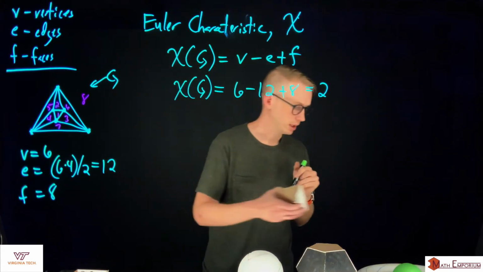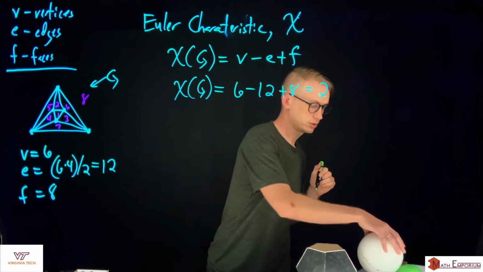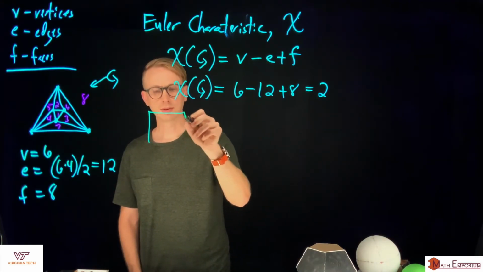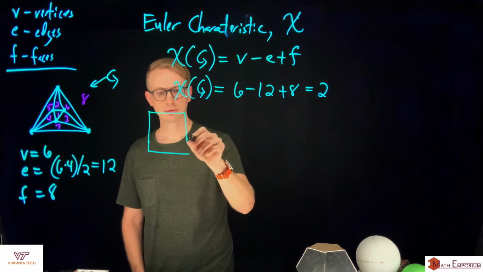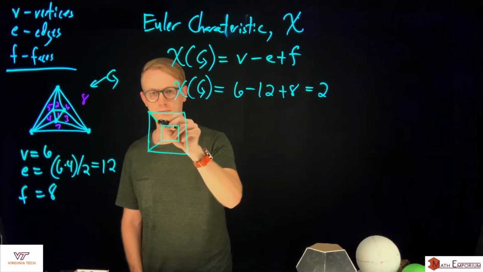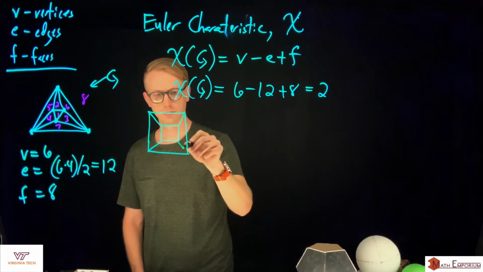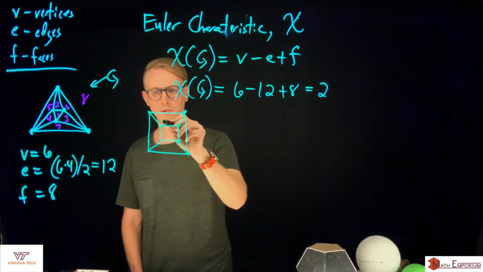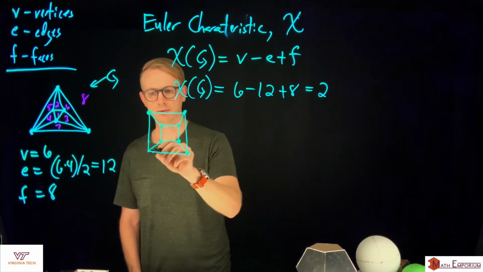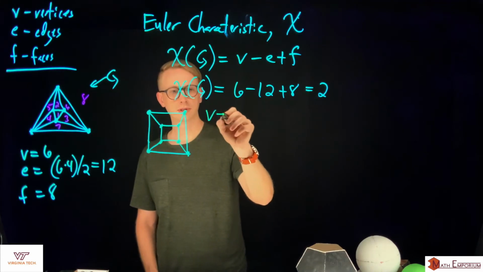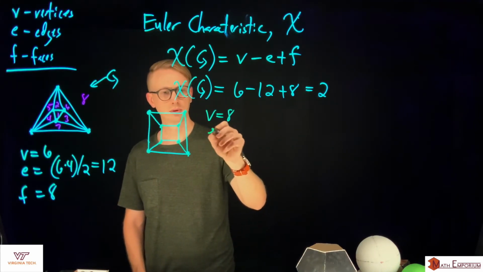All right. Let's try this again. Let's try it with a cube. Now I'm going to draw a cube without edge crossings. The reason is I want to put this thing on a sphere, and I want to count vertices. I have 8 of those.